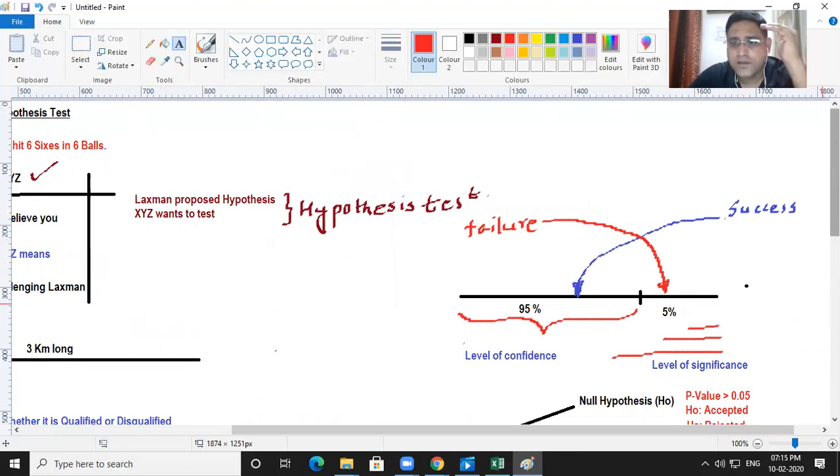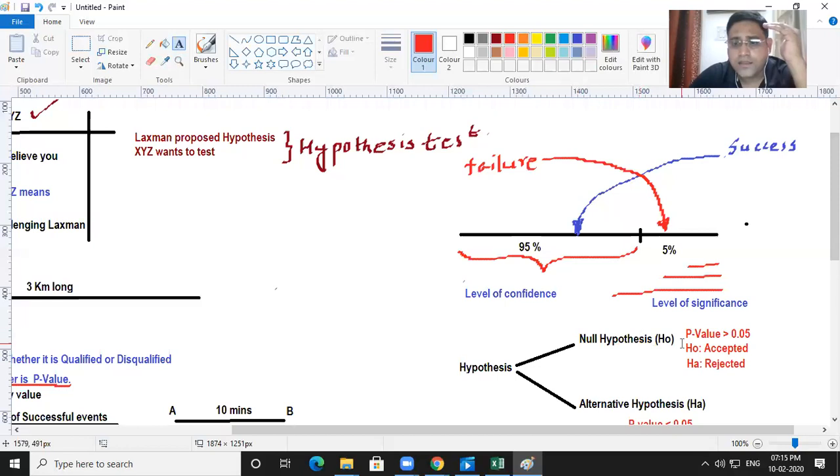Getting the point? So here the null hypothesis is Lakshman says that I can hit 6 sixes in 6 balls, and I said no, p-value is 0.05, and you say you can hit 4 sixes only in 6 balls, I will agree to you. And if he hits 4 sixes, then what Lakshman said is accepted.